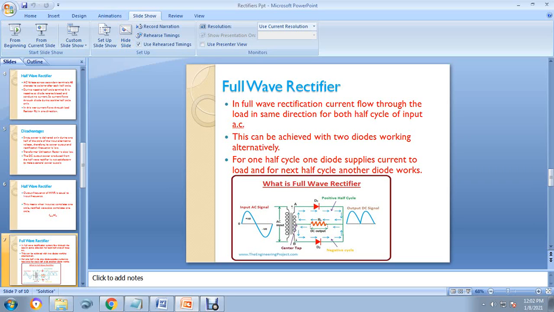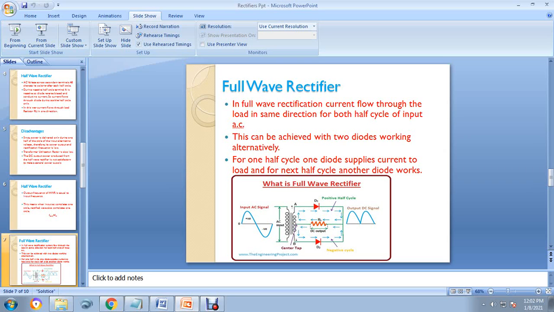Here, similarly, initially I will apply the input AC voltage of a full cycle, considering the positive half cycle and the negative half cycle. Now let us consider that the positive half cycle is being given as the input to the transformer. I have taken the two terminals A and B before the two diodes D1 and D2.